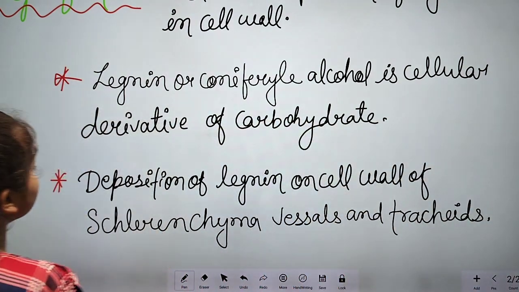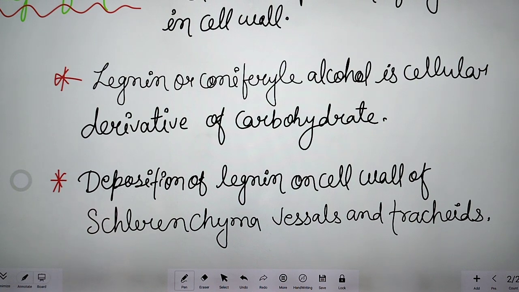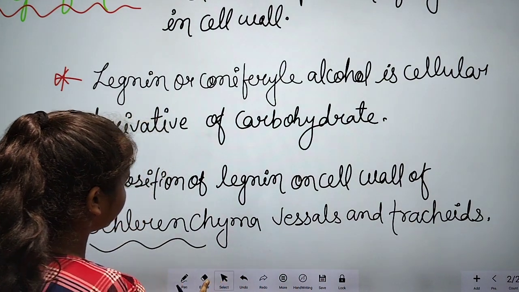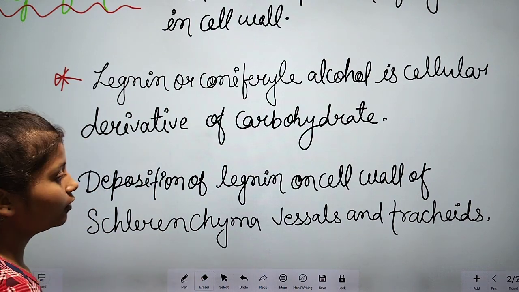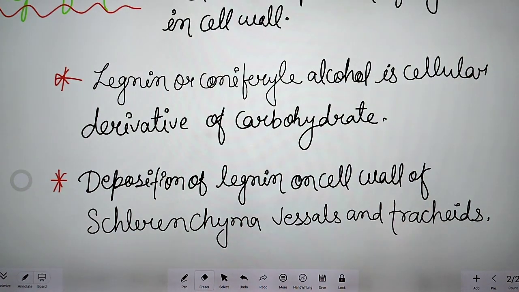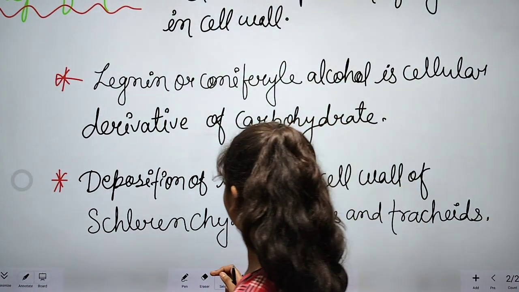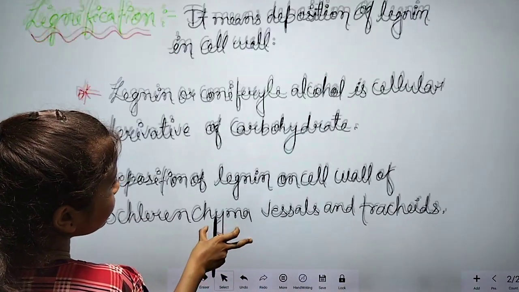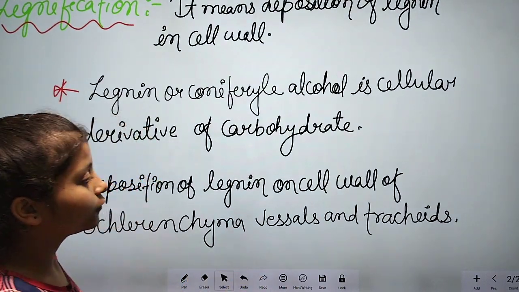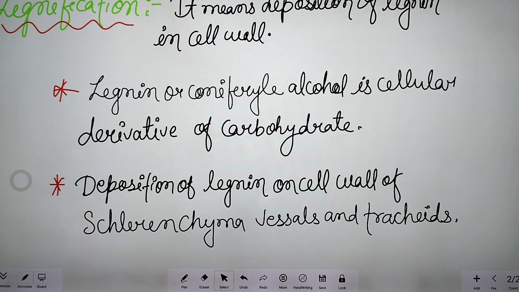Okay, it means the deposition of lignin on the cell wall is found in sclerenchyma, vessels and also in tracheids. In a previous video I have already shown you the figure of the tracheid.